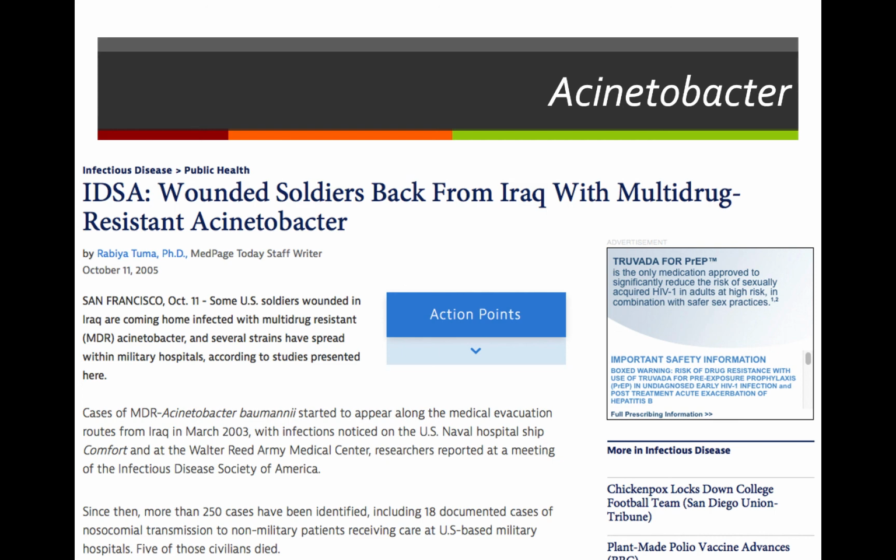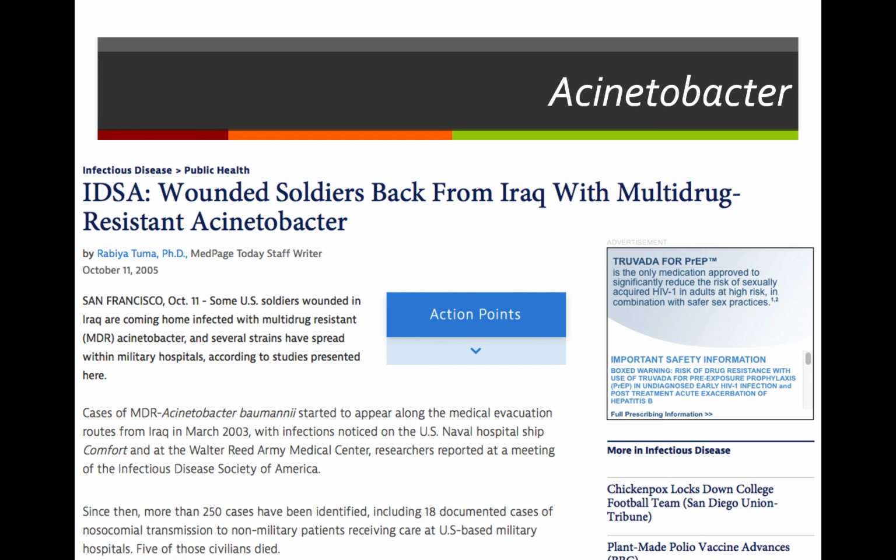Soldiers are coming back with multi-drug resistant Acinetobacter baumannii. So infections, multi-drug resistant infections were first noticed on a U.S. Naval hospital ship and then at Walter Reed. Since then, more than 250 cases have been identified, including 18 documented cases of nosocomial transmission.